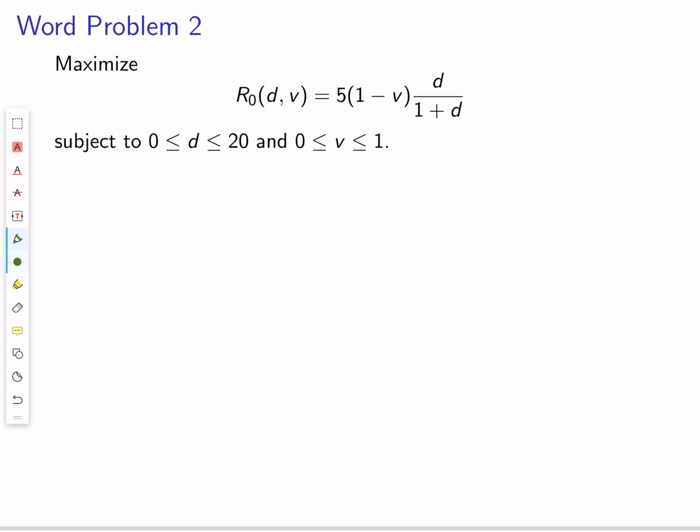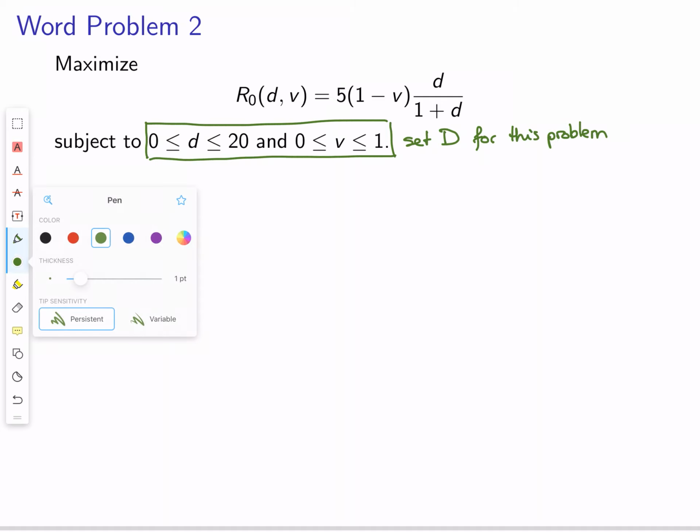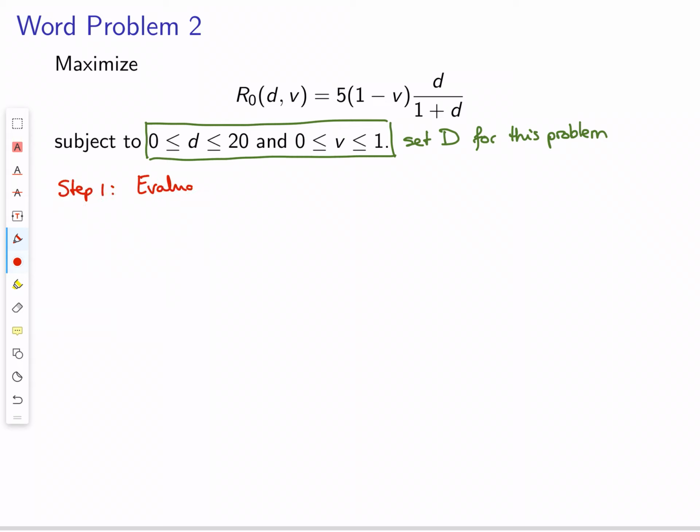So this is really our set D on which we find the maximum. We'll see in a second that this is a rectangle. But let's start with step number 1, which is to evaluate R naught at all critical points in the set D.